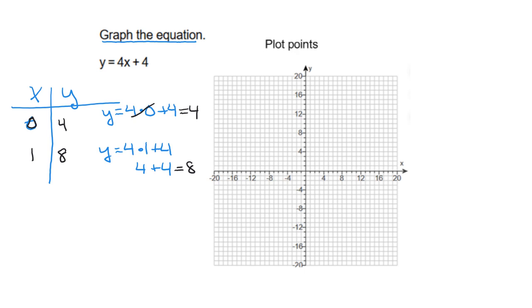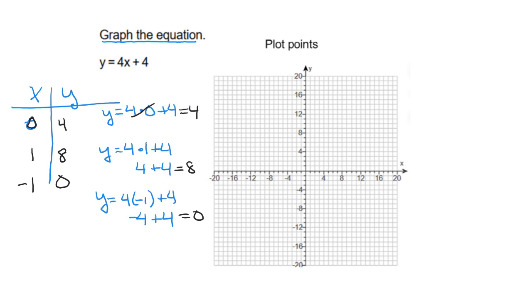And I like to try maybe a negative number. So let's do a negative 1 and see what happens. So in this case here, I have y is equal to 4 times negative 1 plus 4. 4 times negative 1 is negative 4. Negative 4 plus 4 is going to give me 0. Remember, we're creating ordered pairs here.